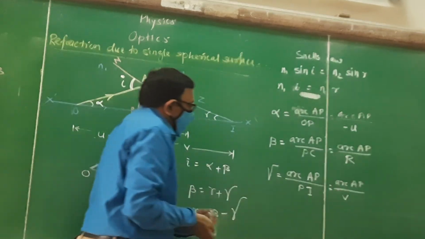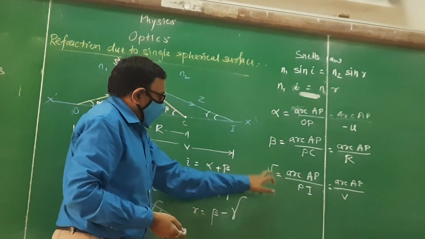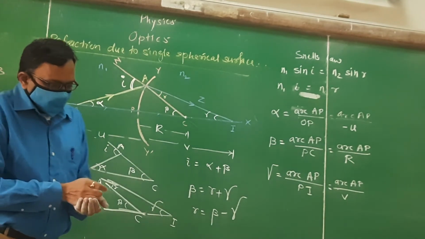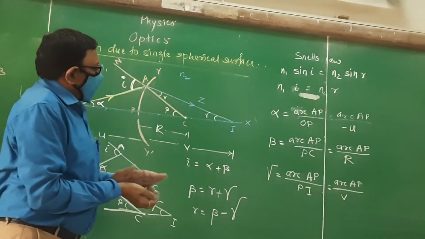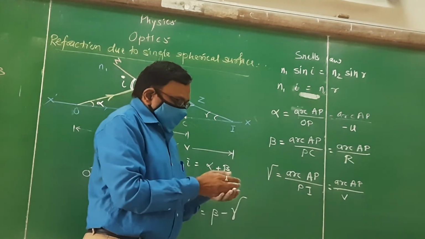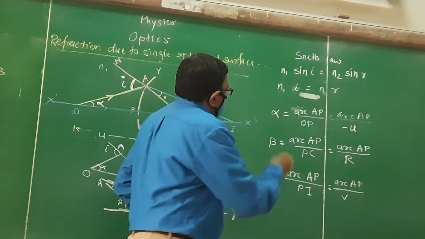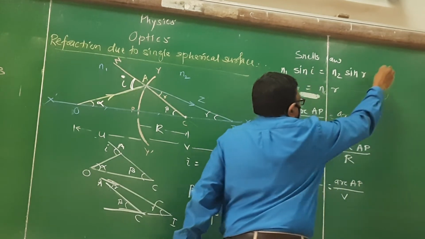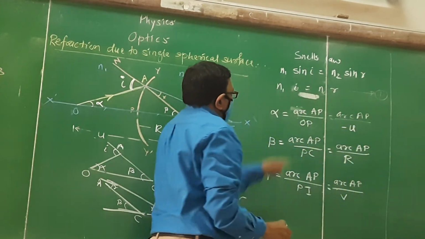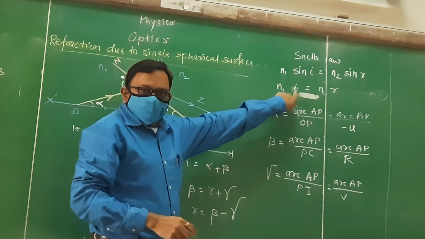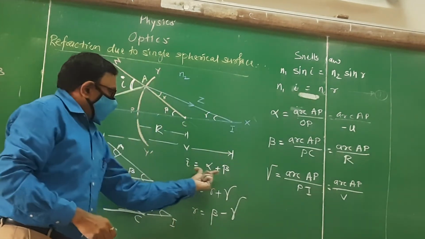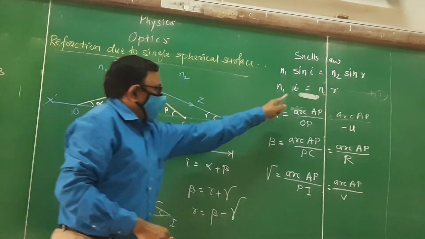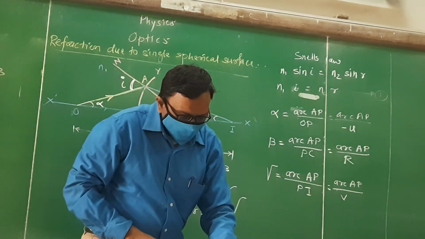Now here we got all the values of alpha, beta and gamma. That value we substitute in another equation. Now here we know that from equation number 1, N1 i is equal to N2 r. Now we have to substitute this value. Instead of i, we substitute alpha plus beta.